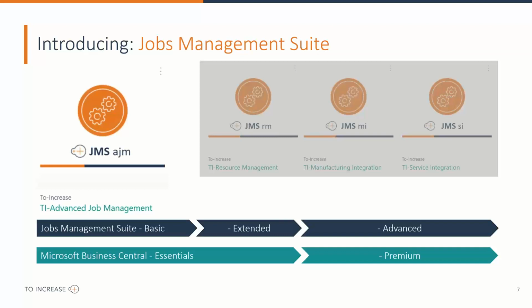We are going to market that as jobs management suite basic, that is advanced job management, and later on this year we will launch also the extended version, but that then will include resource management and the advanced package that will consist of the manufacturing integration and the service integration, and that will align then with the Business Central premium licensing.